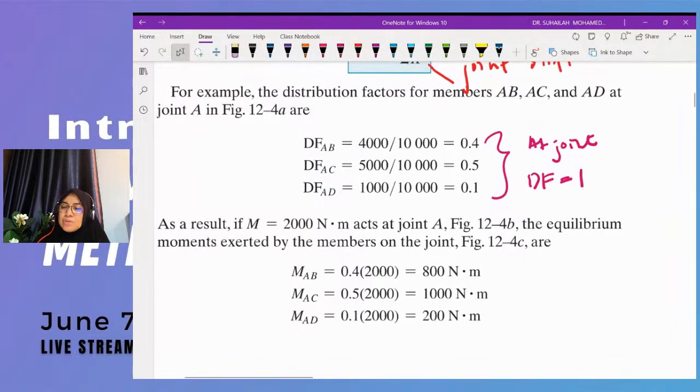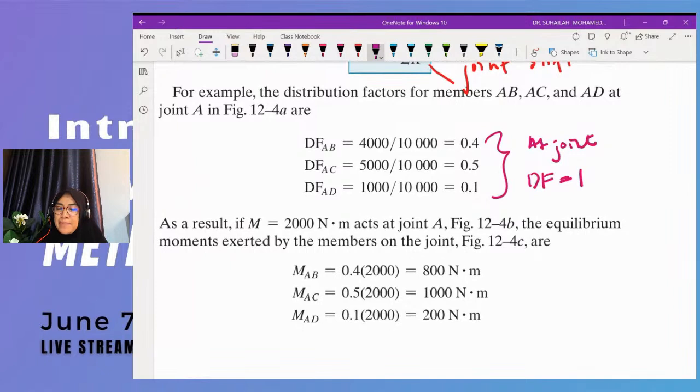So now we want to distribute the moment to AB, AC, and AD. For AB, we multiply 2000 and 0.4, and we get the moment MAB.